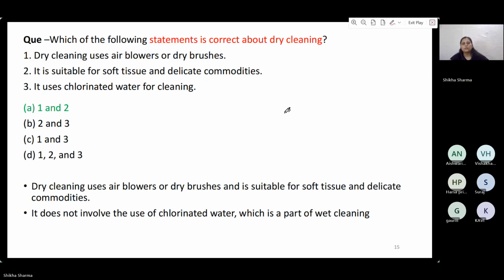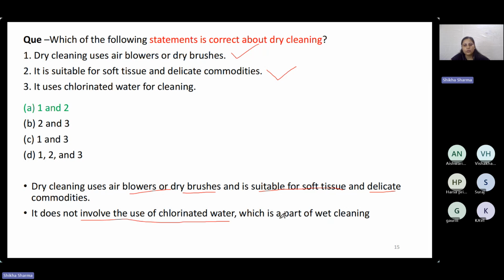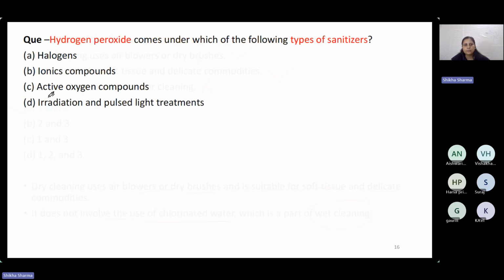We know that dry cleaning uses air blowers and also dry brushes, which are suitable for soft tissues and delicate commodities. So option 2 is correct, and it does not involve the use of chlorinated water because that is used in the wet cleaning method. So this statement is incorrect. So A is the correct option.